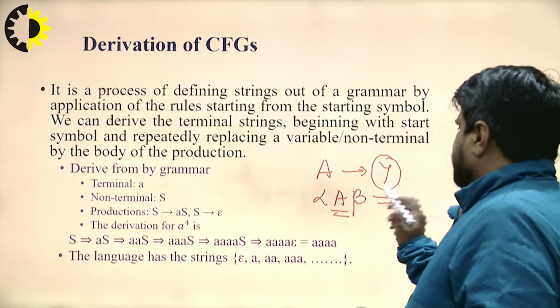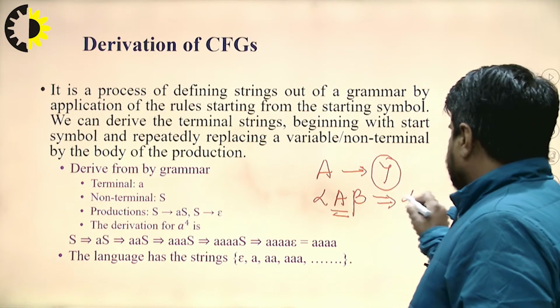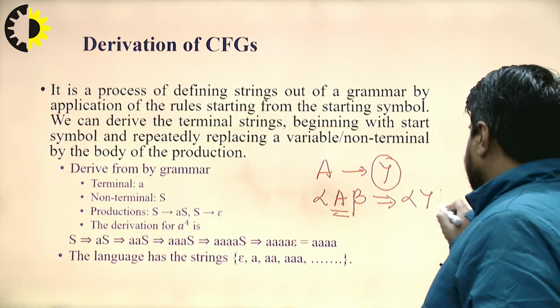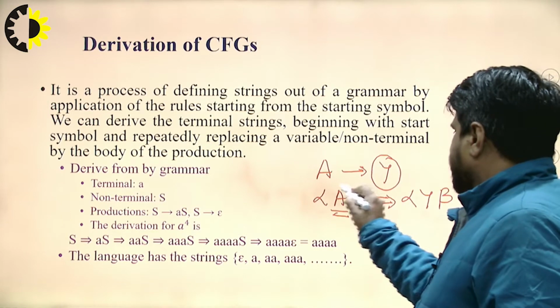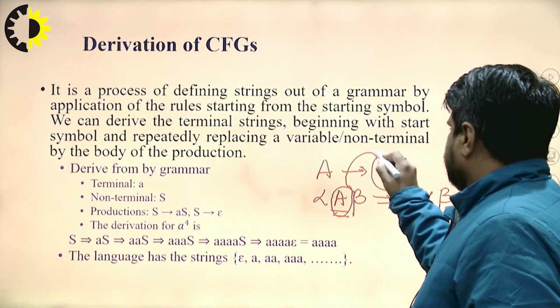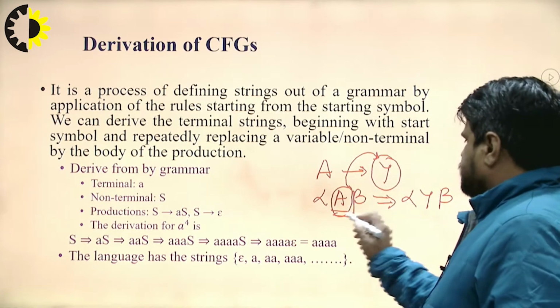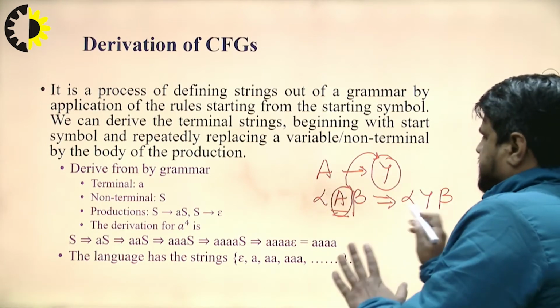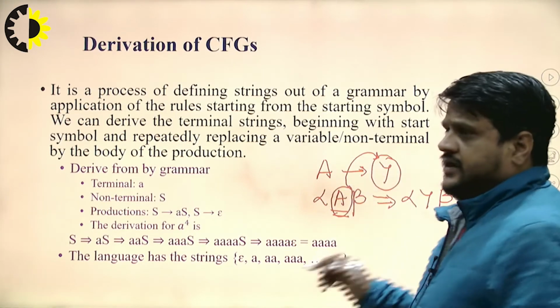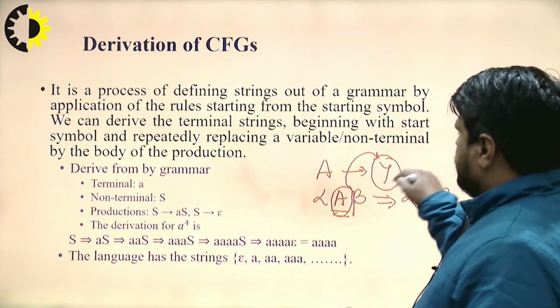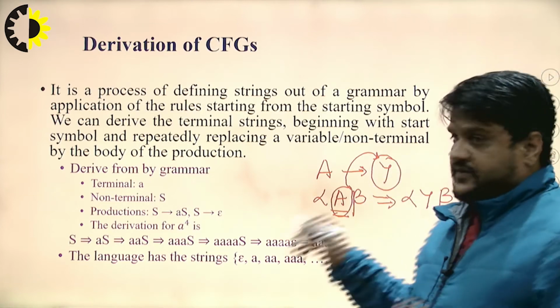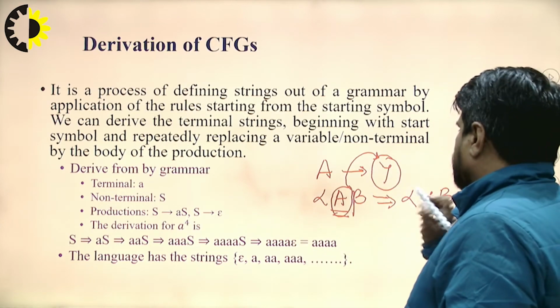You can write alpha gamma beta in this manner. This process, the replacement of a non-terminal by the right hand side of a production in a string of terminals and non-terminals, is called derivation.